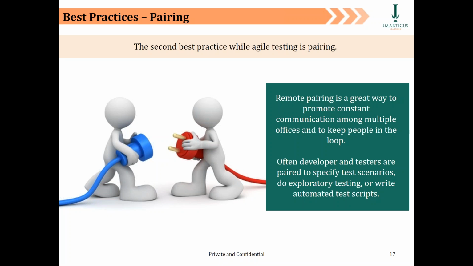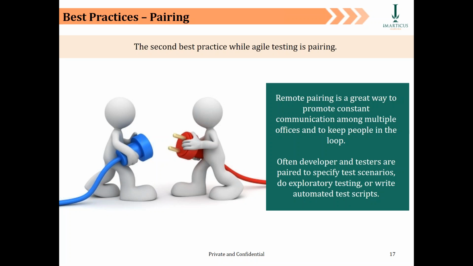It's more of a functional situation, and there it's easy to pair program for testers. I'm not saying it's difficult to pair program for development or programming, but in testing it's a great way to promote constant communication, because testing needs a lot of talking to be done.